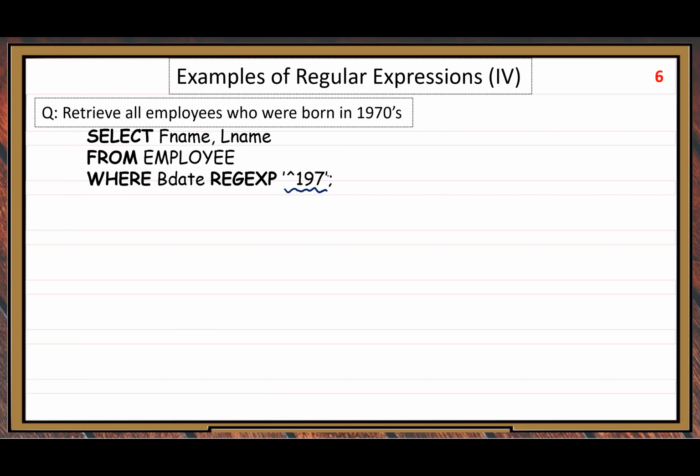But you can also use comparison: born after January 1st, 1970, the birthday after that date, but before the last day of 1979, December 31st.